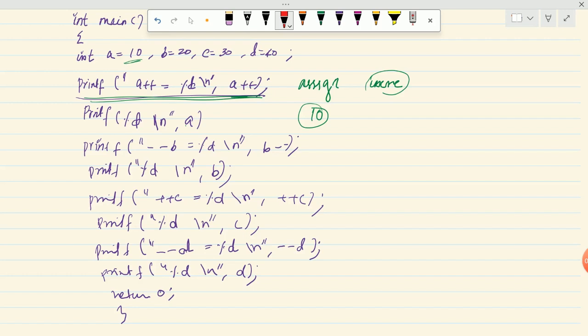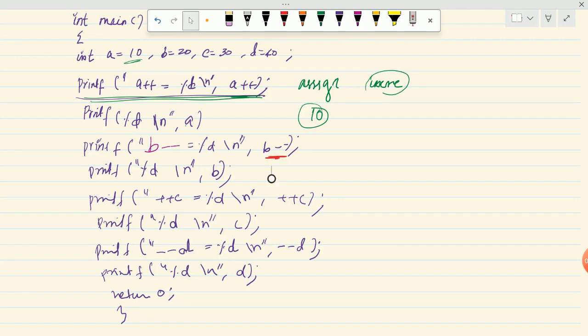And minus minus means it is going to decrement by 1, right?